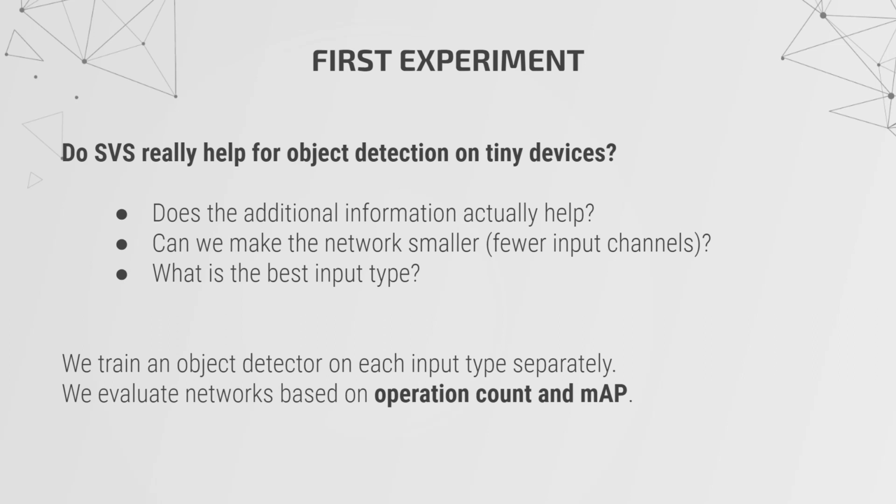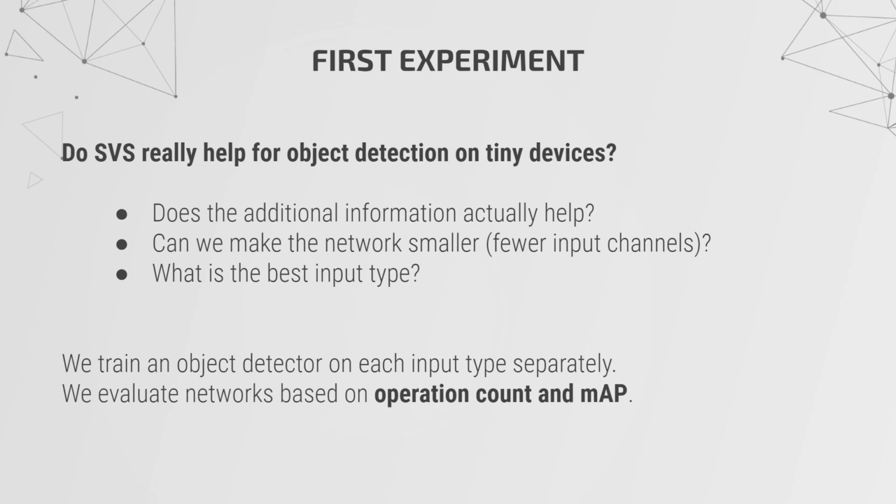Also, and most importantly, we want to understand what is the best input type, so what is the best output that an ideal smart vision sensor can give us in order to achieve the highest performance.